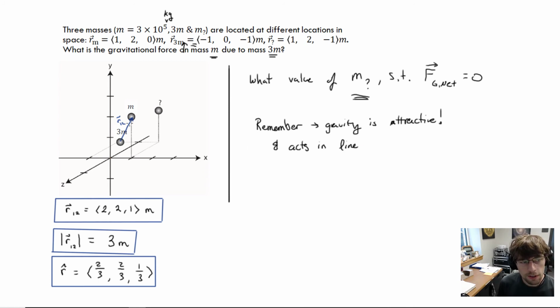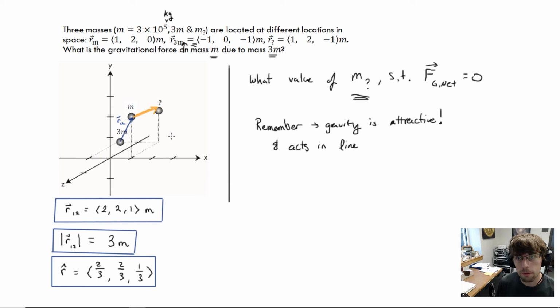So the idea is that gravity acts along this blue arrow from 3m, kind of inwards and downwards, whereas gravity for the second one will act in this direction, right? So you can just visually see that if I take these two vectors and I add them together, hey, there's no way to get those two things to cancel.